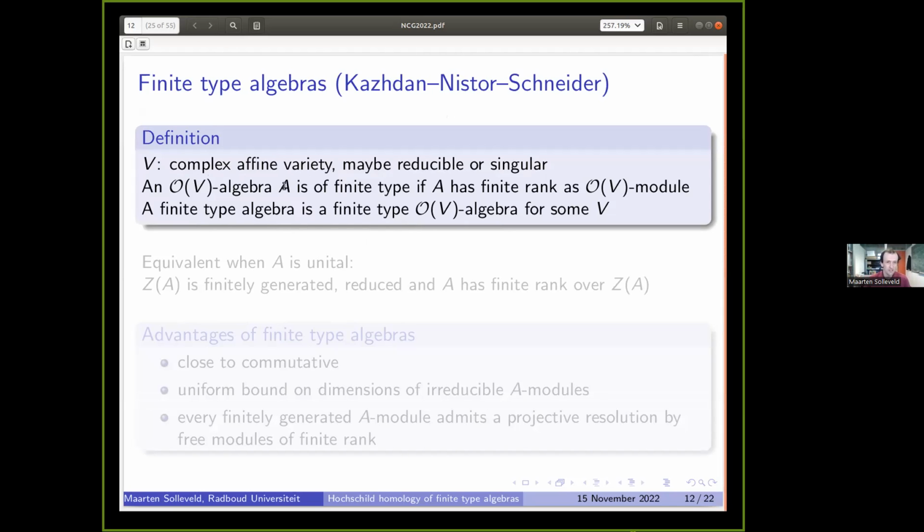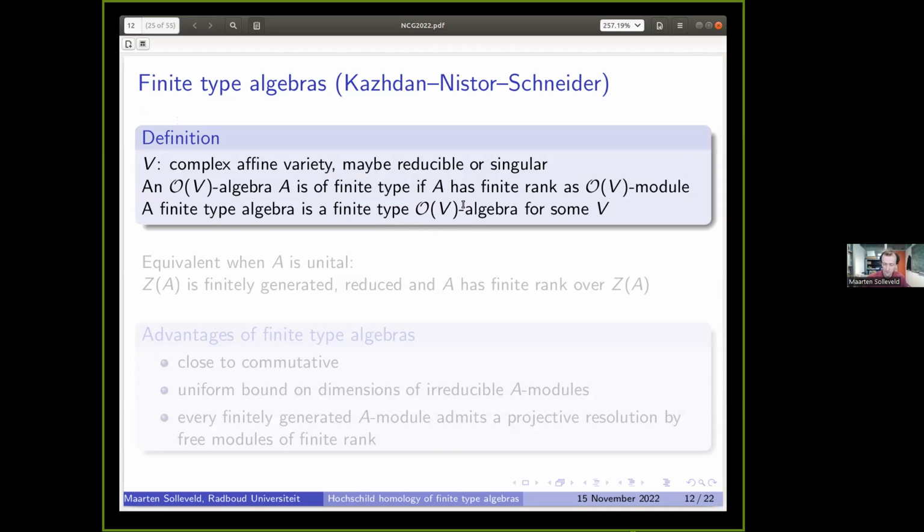And then you want this algebra to be of finite type, meaning that it has finite rank as a module over this commutative algebra that acts on it. And typically, if the algebra A is unital, then this O of V sits inside it, and then you can say that it's of finite rank over this subalgebra. And a general finite type algebra is one which is of finite type over O of V for some well-chosen V.